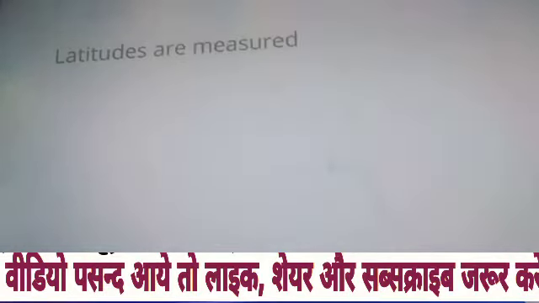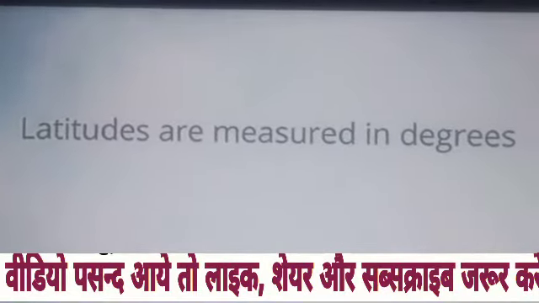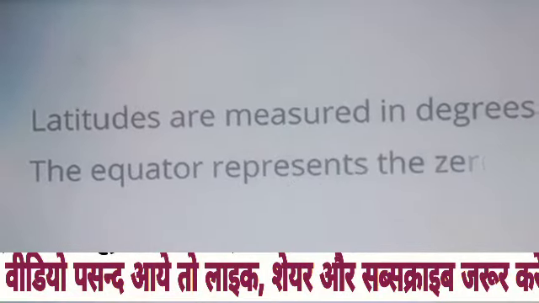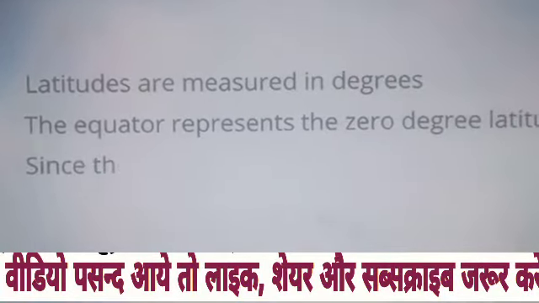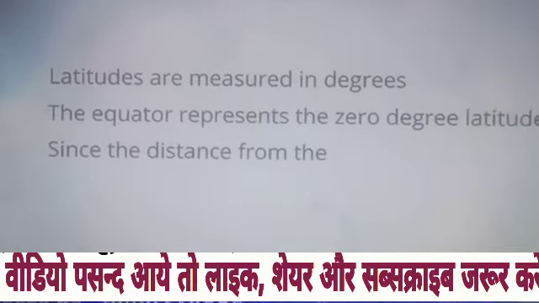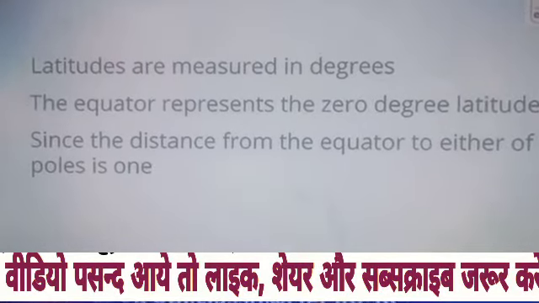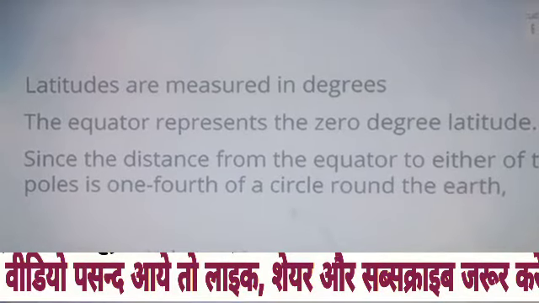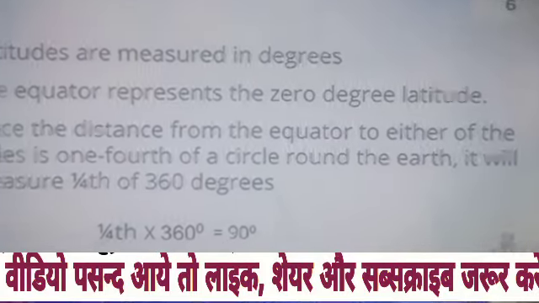Latitudes are measured in degrees. So, if I ask you which degree is represented by the equator, the equator represents the 0-degree latitude. Since the distance from the equator to either of the poles is 1/4 of a circle round the earth, it will measure 1/4 of 360 degrees.